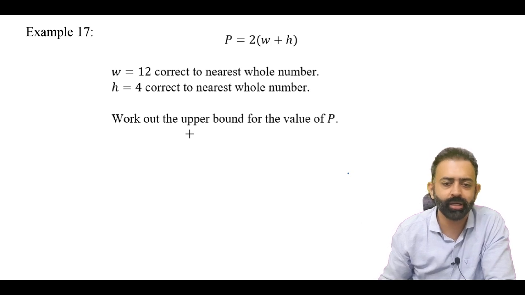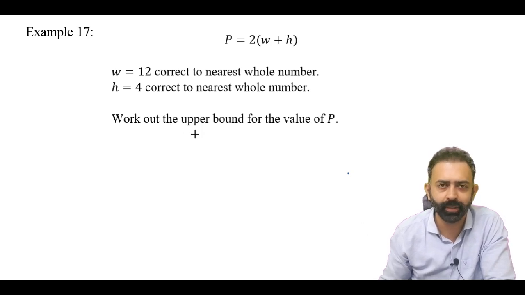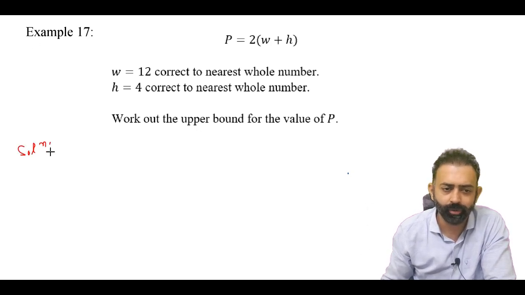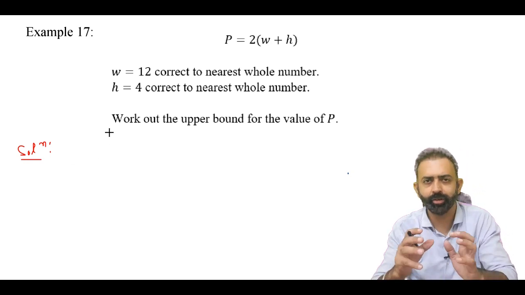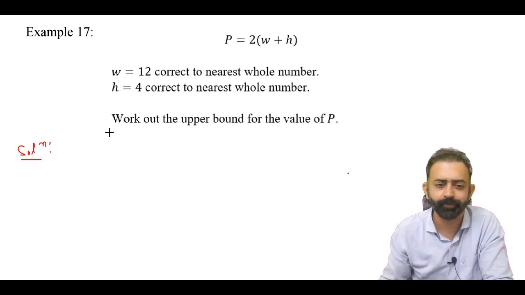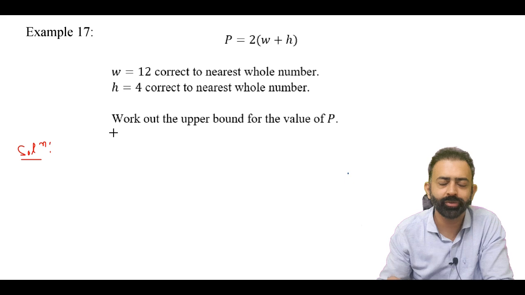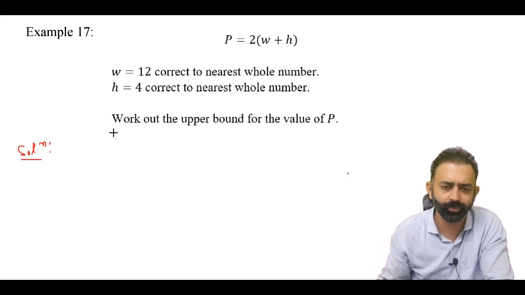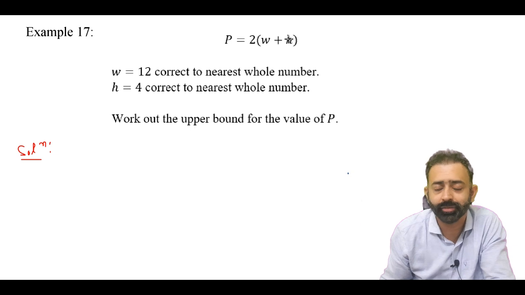We need to find out the upper bound for the value of P. Now as you can see here, in the solution, P is the addition of W and H. Now the two values are adding and they are giving you some perimeter or whatever is the value of P, whatever this P stands for. I suppose it is perimeter, width and height of certain rectangle.